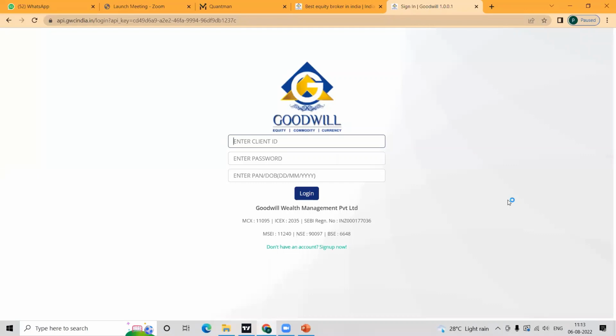Everyone has Goodwill credentials, so just type whatever credentials you have. I'm going to type with my credentials: user ID, password, and your PAN number.